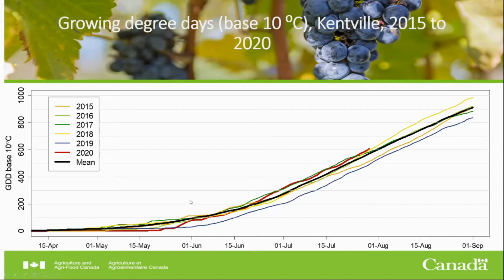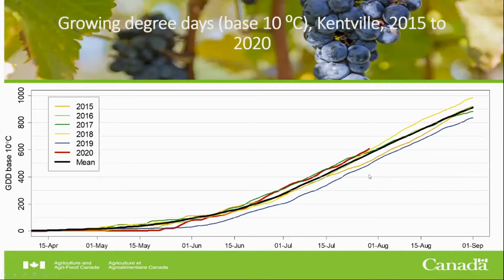I've truncated this graph a little bit in the time frame, starting in the middle of April, but we started off our growing season in May below average. We were dead last in terms of the years that I had presented on this graph. And of course, where we've ended up is pretty well on top of that same group of years.